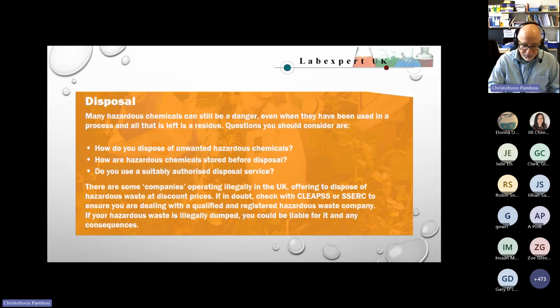Once you have ticked that you've got the correct quantity and you don't need to notify your supplier, then you enter that chemical into your stock list before you put it into your chemical store. So it's that procedure of following the supply, the unpacking, checking, and then recording into your stock control system. That sounds good.